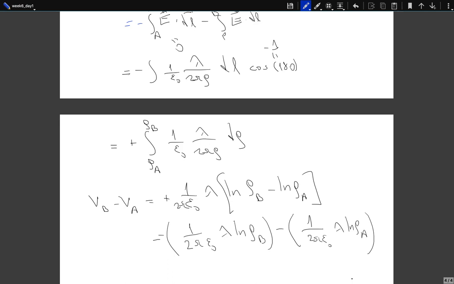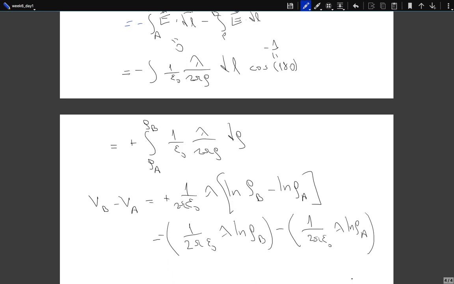We cannot set the potential at infinity to 0 in this example, basically because we are assuming an infinite wire, and an infinite wire means at infinity we have charges. So that's why we cannot set the potential at infinity to 0. The same problem happens if you have an infinite plane. Again, there are charges at infinity, so you cannot set the potential at infinity to 0.